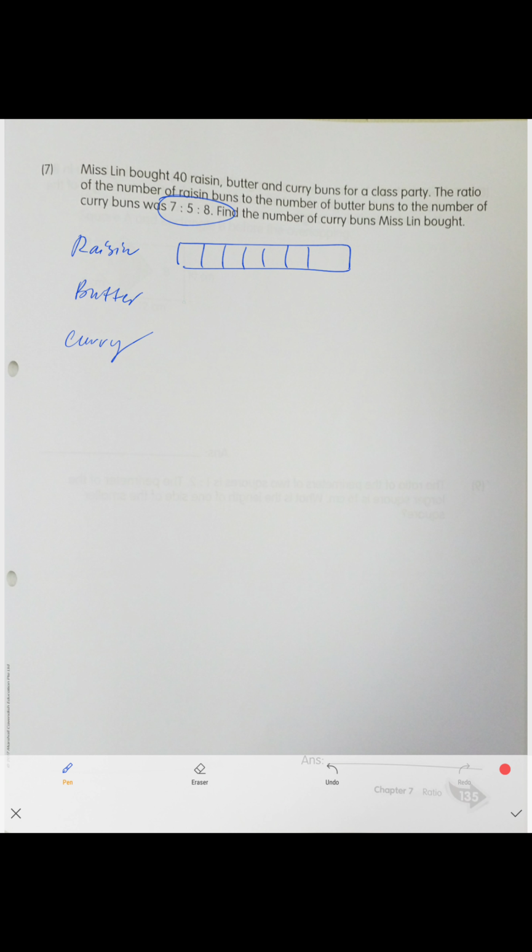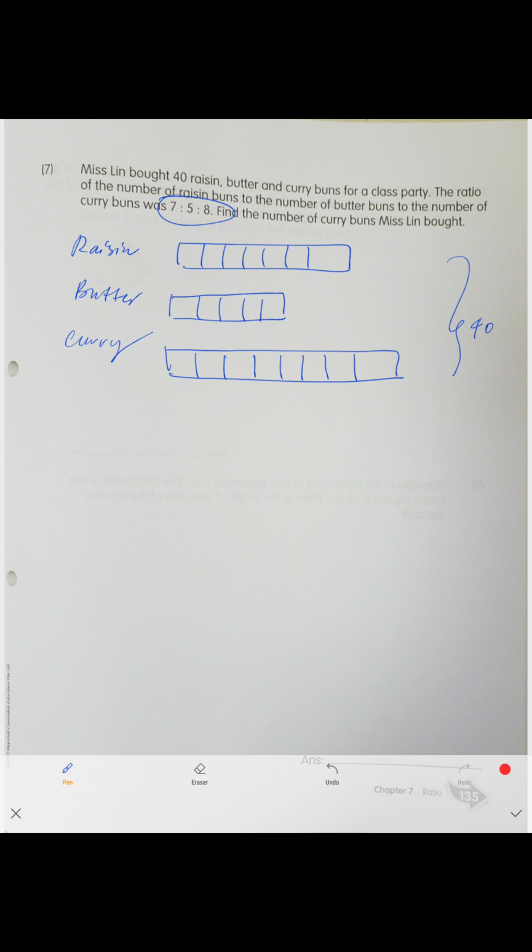Let it be 7. Of course, you need to be more accurate, but I just want to be fast. That's going to be your 7 units, 5 units, 8 units. But altogether 40 buns.